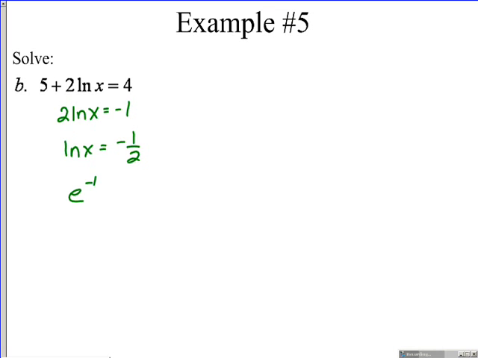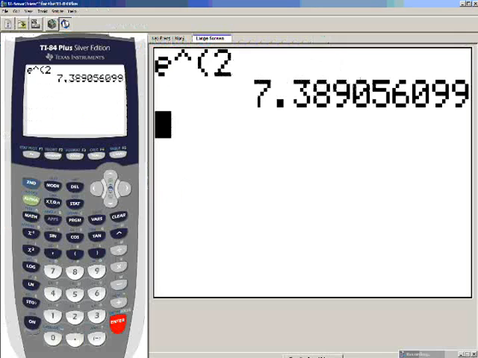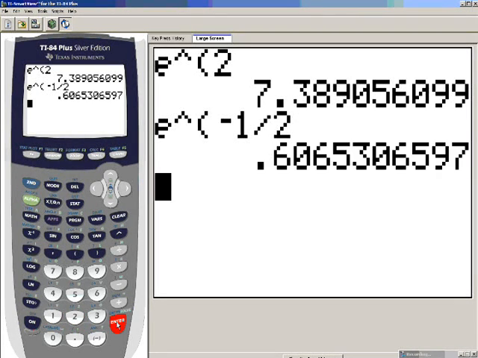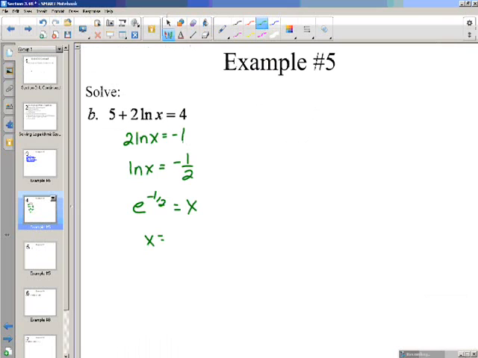Base to the exponent equals the argument. Again, plug that into your calculator to get your decimal. e raised to the negative 1/2 power, 0.607.